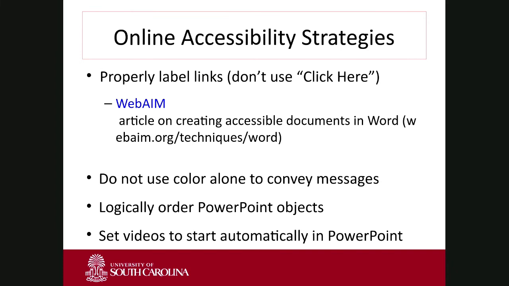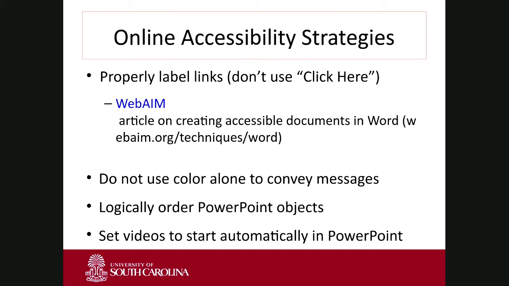So online accessibility strategies also, properly labeling links, so including our abbreviation for a link or a name for a link, but then also right beside that link providing the full URL, such that if our link is broken, the user can still access the information.